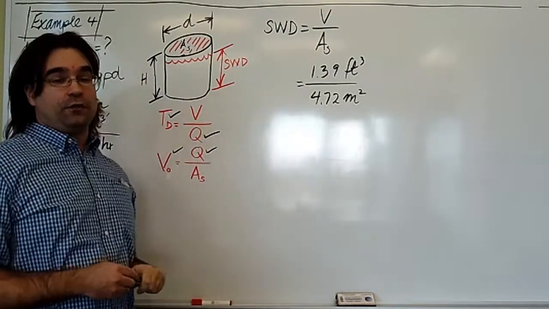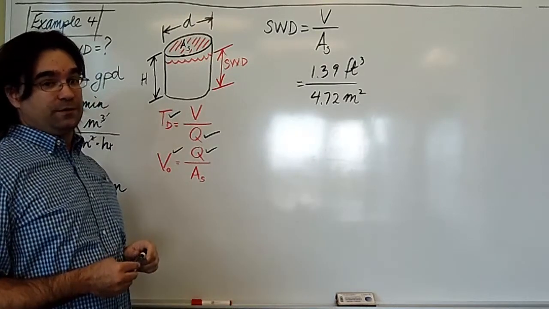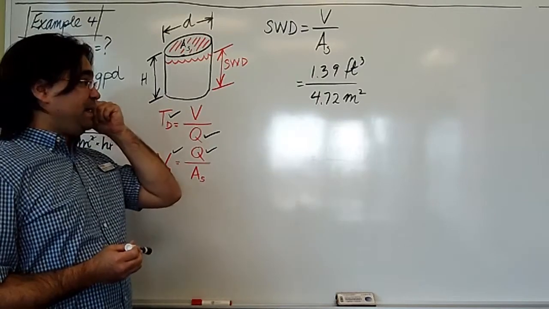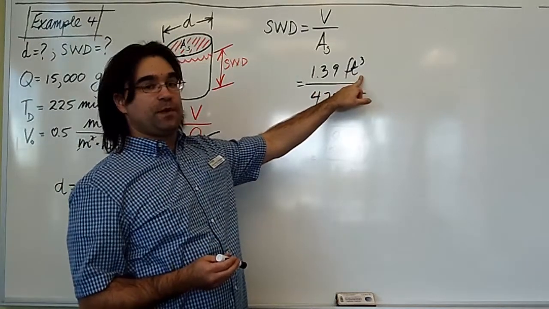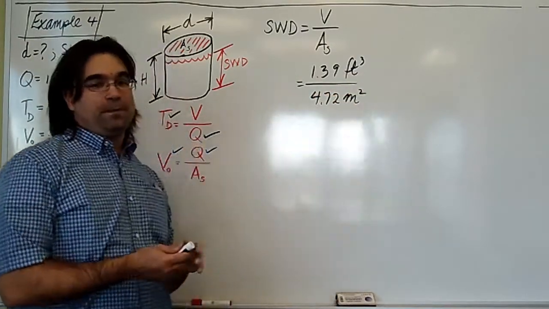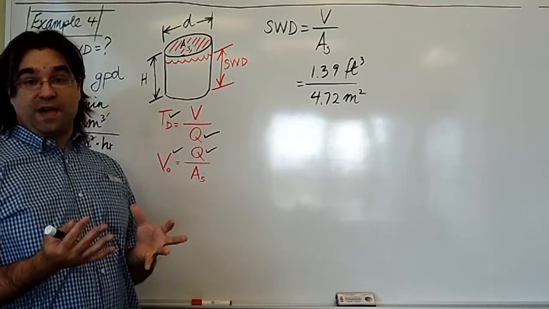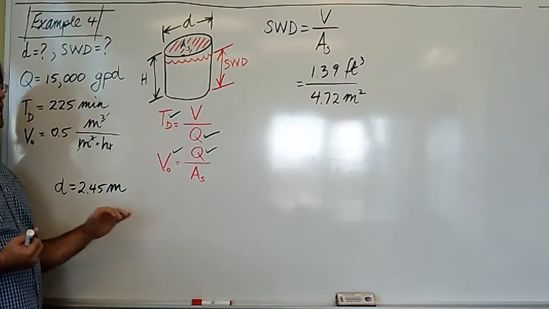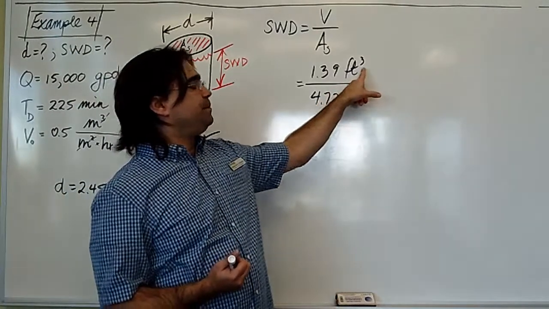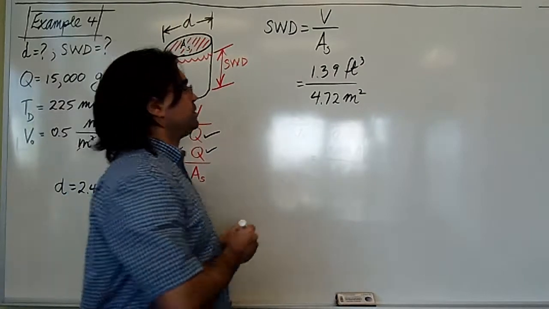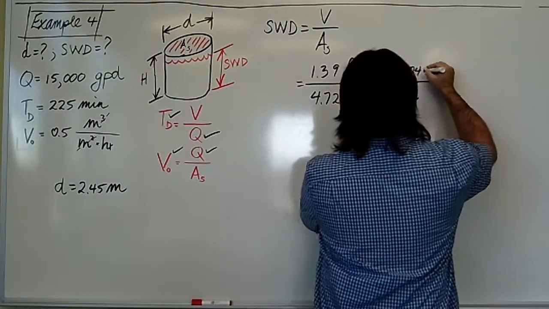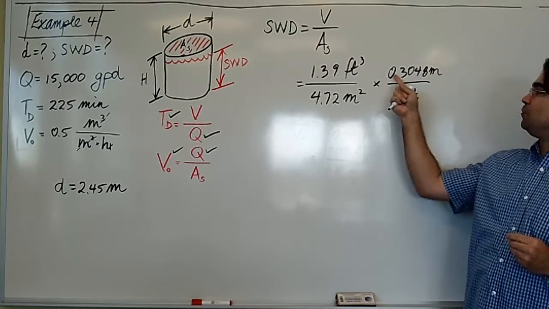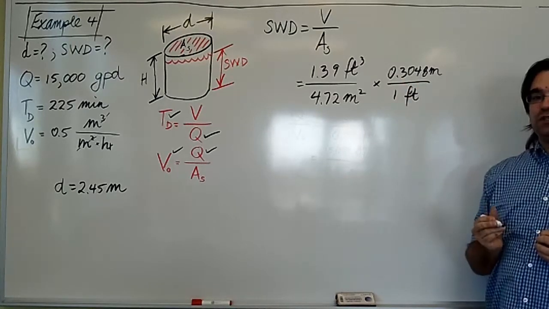The surface area we found was 4.72 square meters. You notice how the units don't match? That means we either have to convert this from imperial to metric, or this from metric to imperial. It doesn't matter. But since I've already calculated the diameter to be in metric, I'm now going to convert this from imperial to metric, as follows. I remind myself that 1 foot is equal to 0.3048 meters.